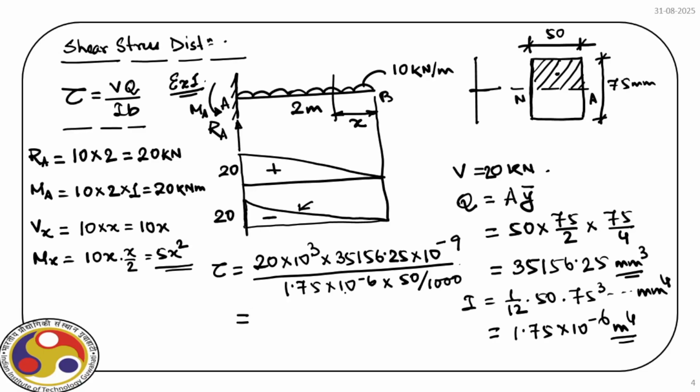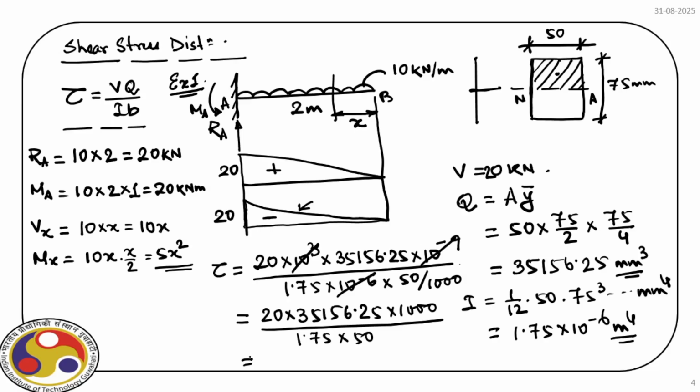Okay. So we can cancel these quantities, and then we are left with 20 into 35156.25 into 1000 divided by 1.75 into 50.